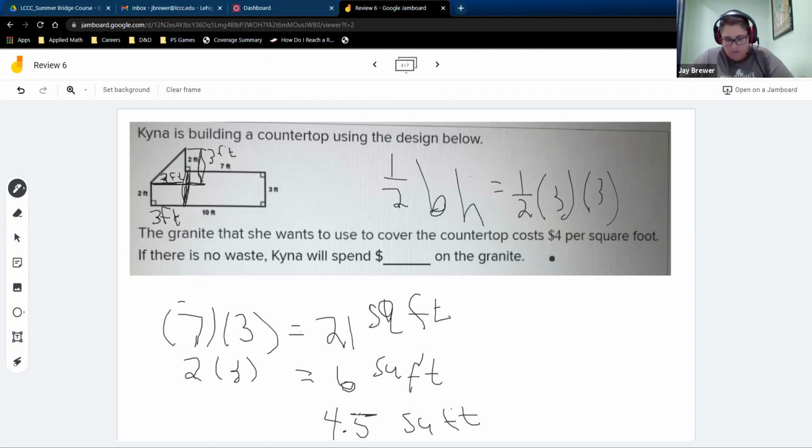battery. Okay, so what we're going to do is we're going to add everything up. 21 plus 6 plus 4.5. It's going to be 31.5. And then just multiply by $4.